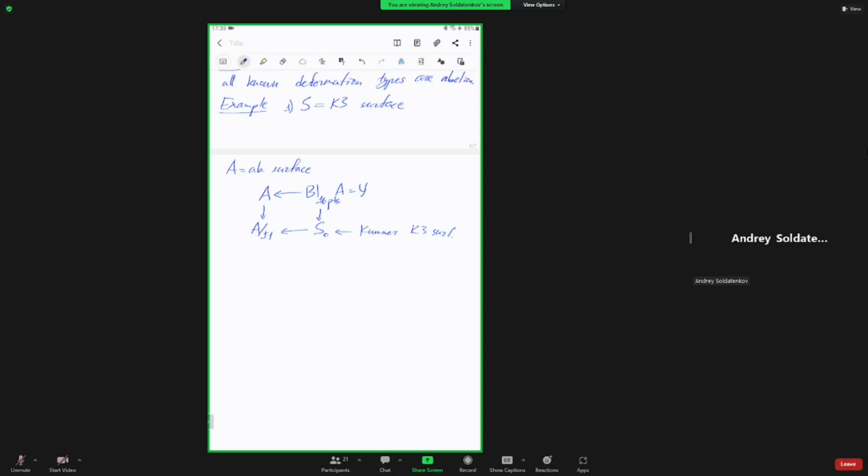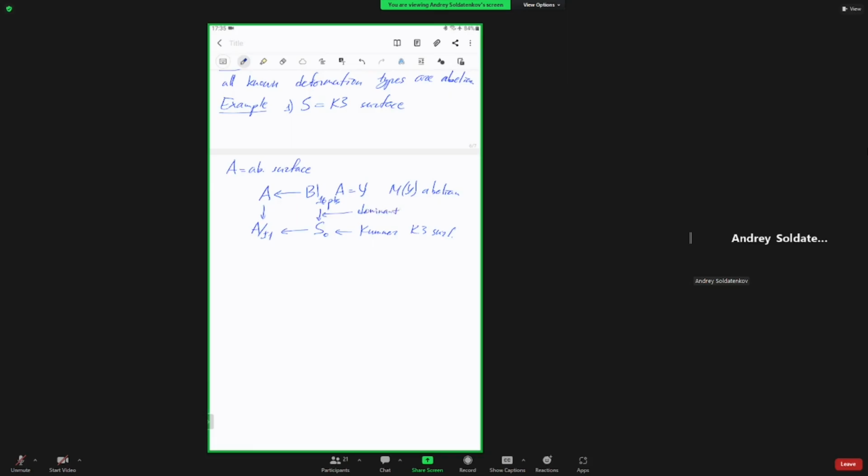Now, the motif of A is of course abelian. Remember what I said about these abelian motifs. If I blow up a point in an abelian surface, the motif of the blow up will of course be again abelian, because the motif of the point is also abelian. Somehow the point is a 0-dimensional abelian variety, you may say. So the motif of this Y is abelian by the remark I mentioned before. But this map is dominant and generically finite, actually.